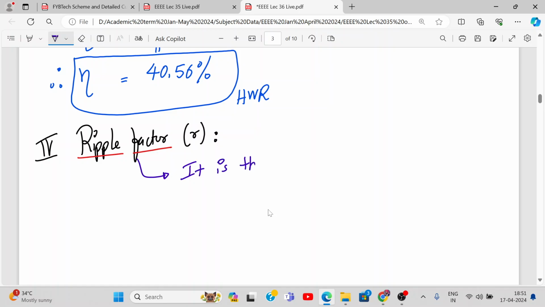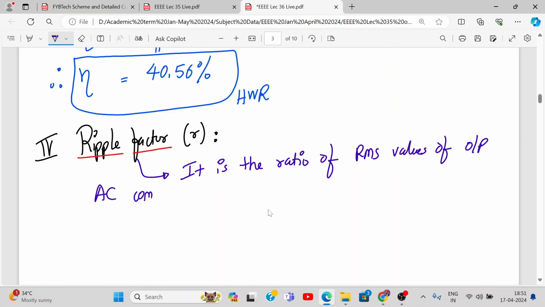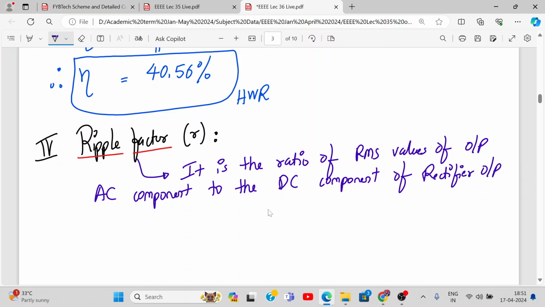It is the ratio of RMS value of the output AC component to the DC component of rectifier output. Okay, it is the ratio of RMS value of the output AC component to the DC component of rectifier output is the ripple factor.